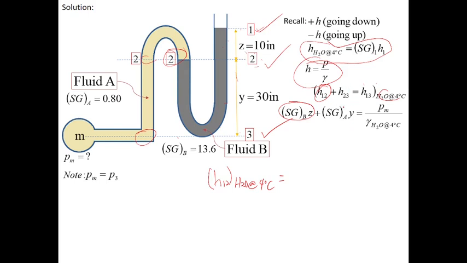Next, we have H23. So H23 is SGA times Y. So we proceed now at this level, then going down from 2 to 3. From 2 to 3, the fluid is oil.